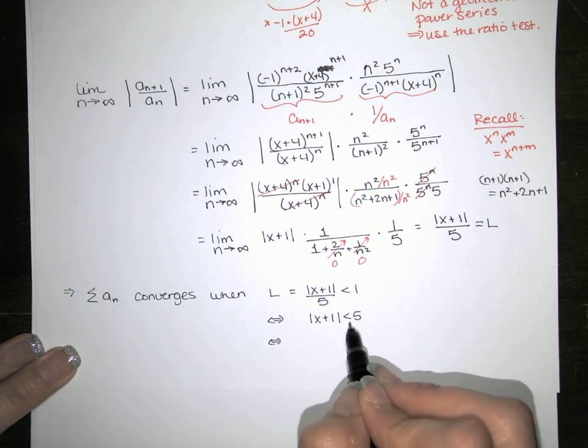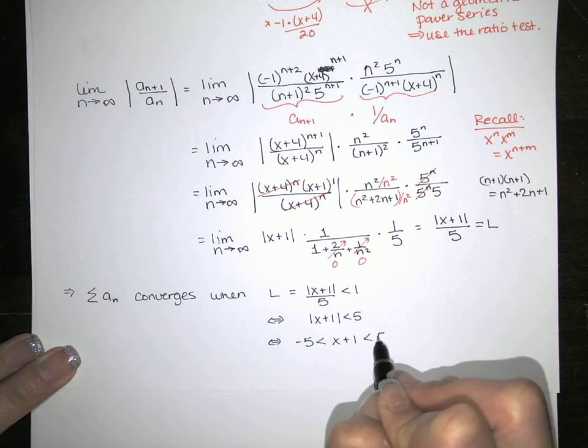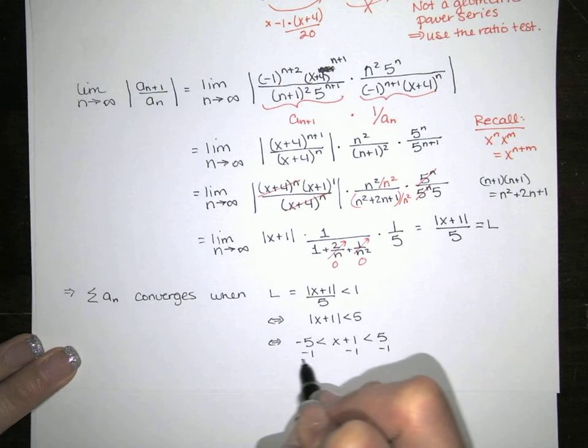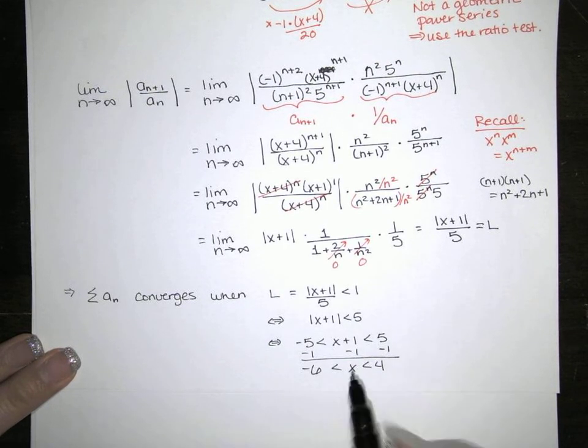Absolute value is less than 5 when the number inside the absolute value bars is between -5 and 5. And then we subtract 1 from all three parts, and we get this. So we know that this series, the original series that we started with, converges as long as x is between -6 and 4.